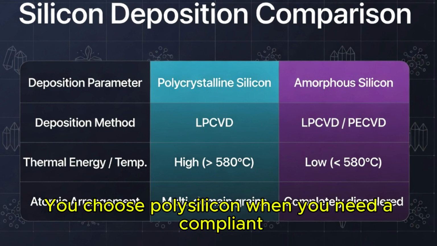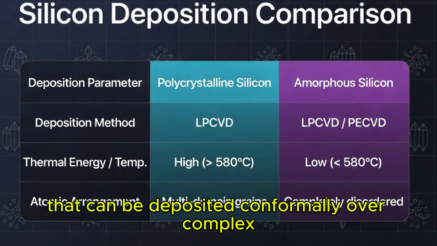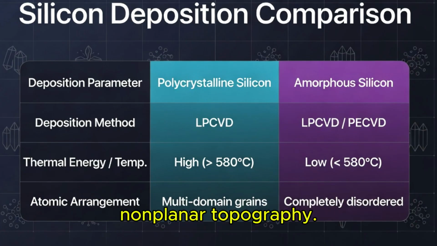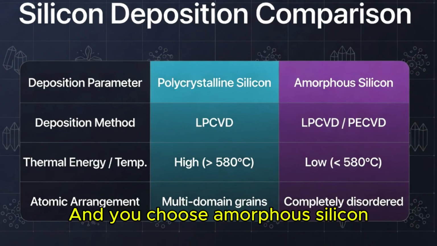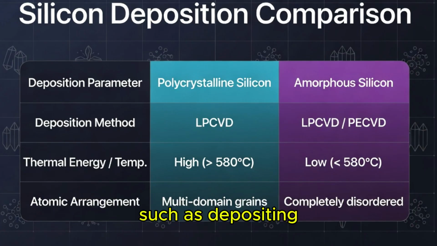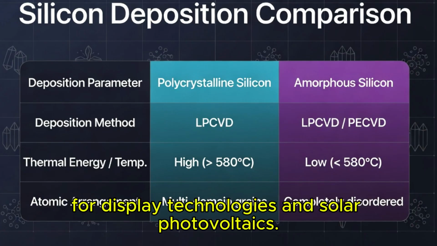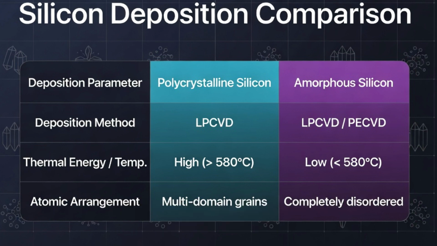You choose polysilicon when you need a compliant, conductive thin-film material that can be deposited conformally over complex, non-planar topography. And you choose amorphous silicon when your thermal budget is strictly limited, such as depositing active layers on top of low melting point glass or plastics for display technologies and solar photovoltaics.